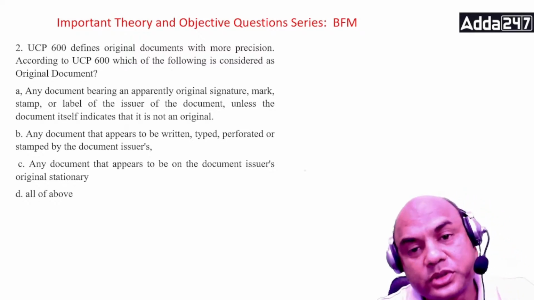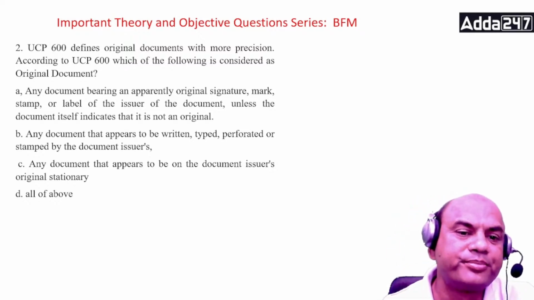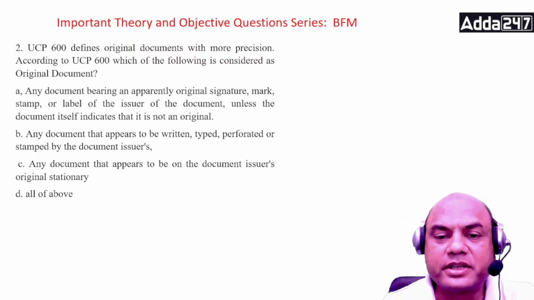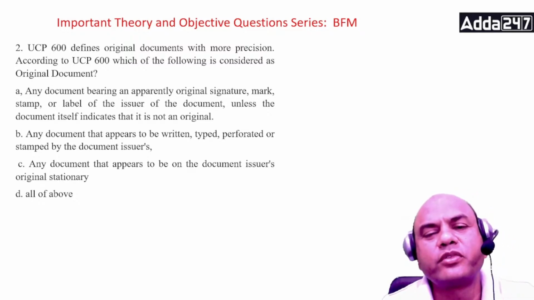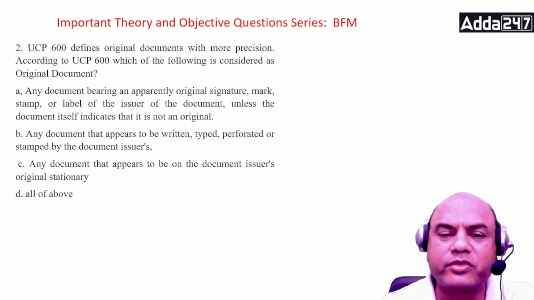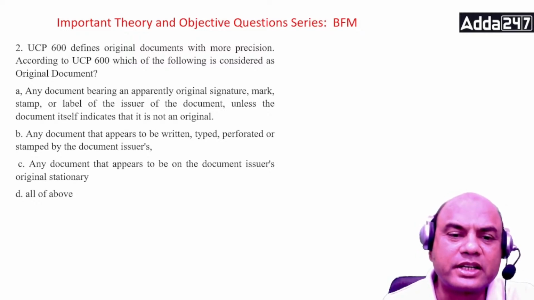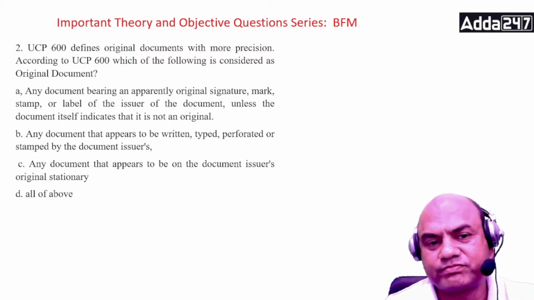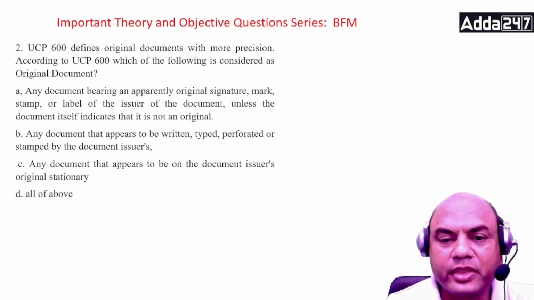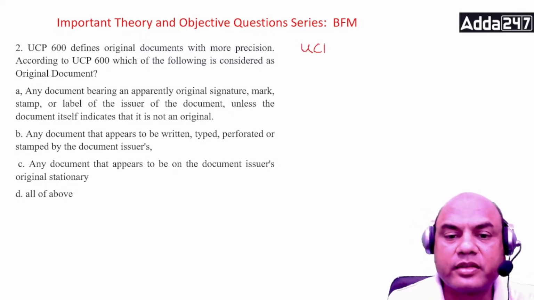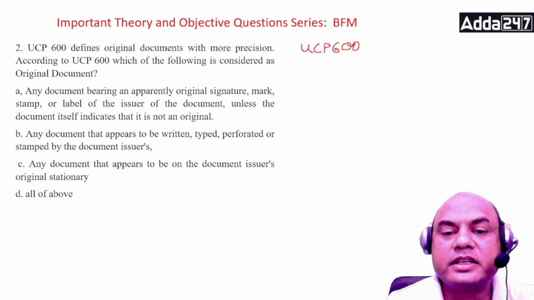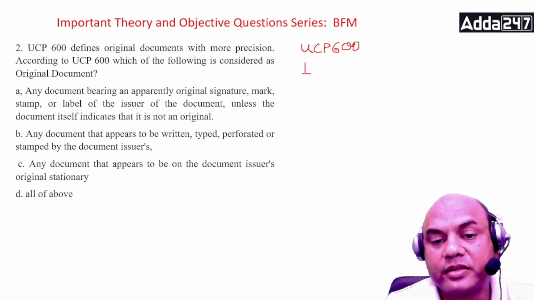Now first, what is UCP 600? In your CAIIB studies, you have almost 5 types of topics for this Module A. One is UCP 600. Second is ISP 98.